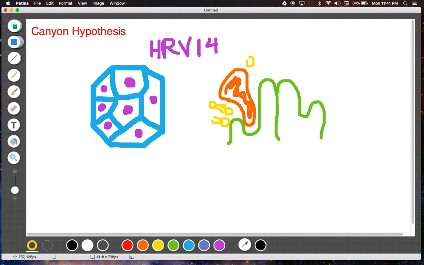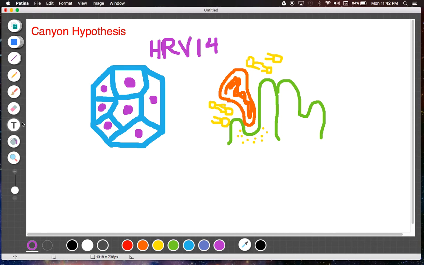As you can see, the membrane protein fits in the canyon just fine. It goes all the way down to the bottom of the canyon, which is what is needed. These little residues at the bottom of the canyon are what is most important for recognizing the virus. And the virus wants the receptor on its host cell to recognize it so that it can attach and infect the cell.